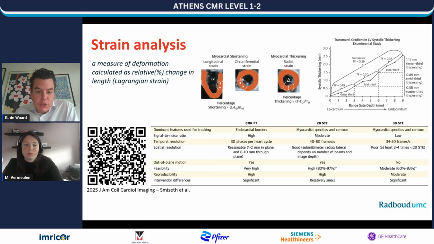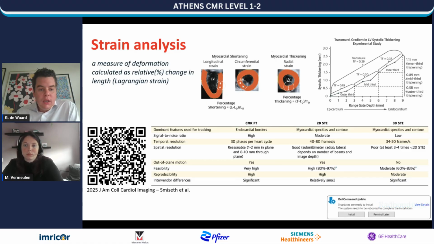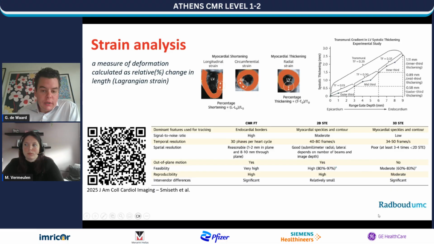So this is for the strain analysis, and as you can appreciate here, you can perform the strain analysis with CMR, but it's also, of course, possible, as you've probably done in clinical practice, to do it with 2D echo or with 3D echo. And really, what's an advantage, I think, of CMR? We'd use the endocardial global longitudinal strain, typically tracking the endocardial borders, and it has a very high signal-to-noise ratio, which has been reported to be higher, at least for CMR, than for the echo modalities.